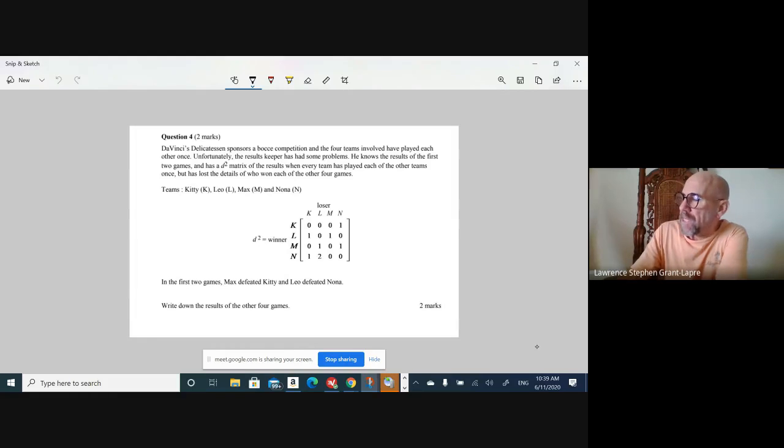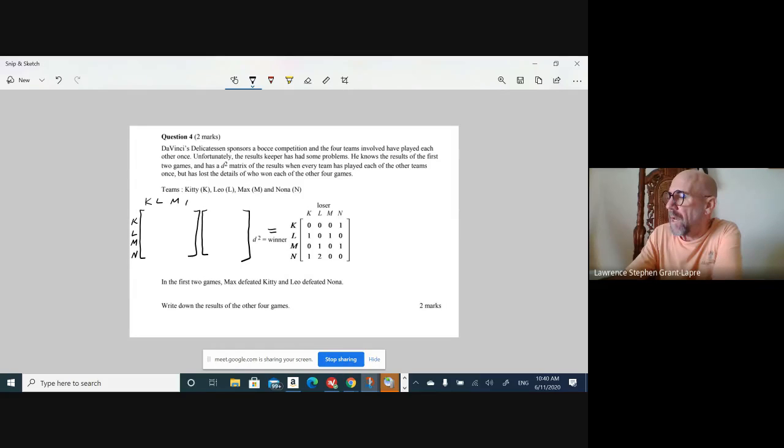In the first two games, Max defeated Kitty and Leo defeated Nona. Okay, let me just put here the fact that we're going to have a matrix times a matrix to get the D-squared matrix. Now, this is K, L, M, N, K, L, M, N, and again, K, L, M, N. Now, what I like to do is just put the points and say who beat who.